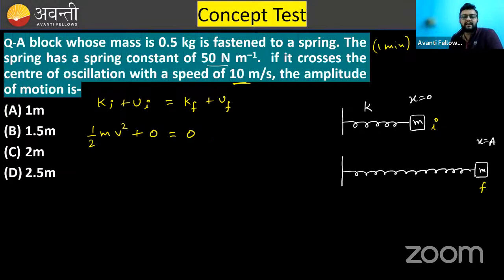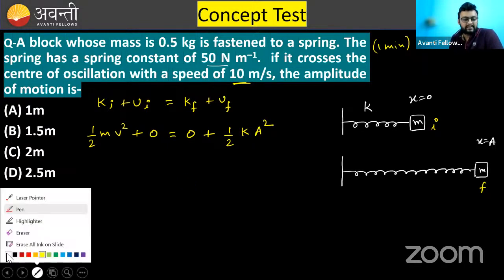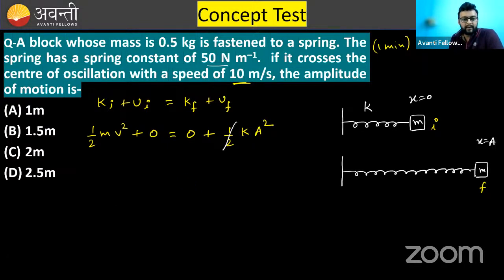Ganesh. Okay, let's check. At the final position, potential energy is what? Half k a square. You can see that 1 by 2 and 1 by 2 will cancel. Mass is 0.5, velocity is 10, 10 square means 100, equals k is what? 50 a square.